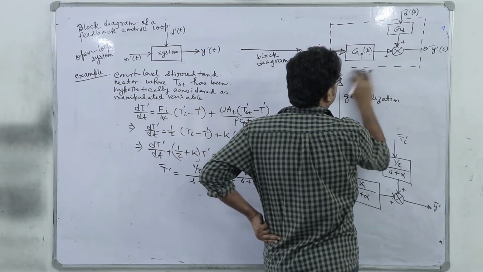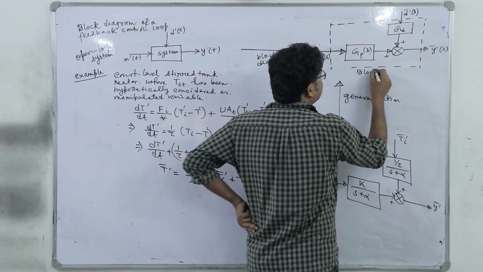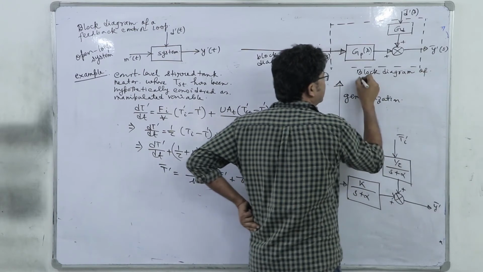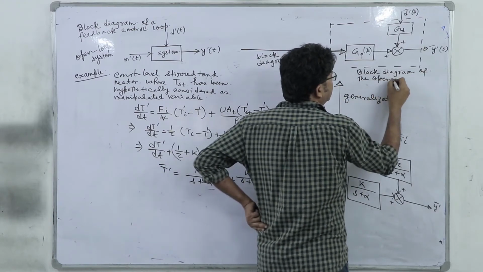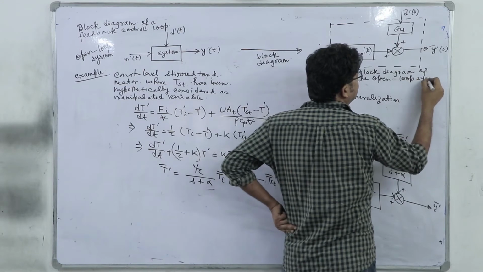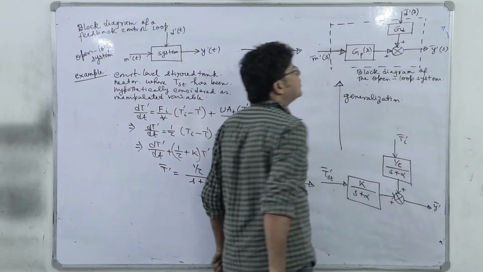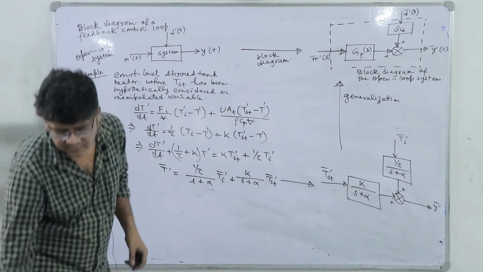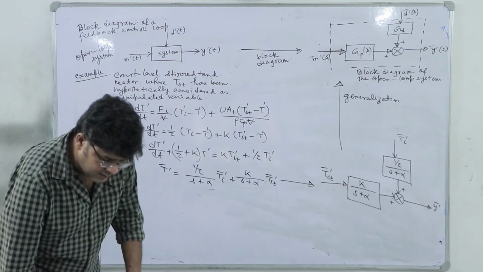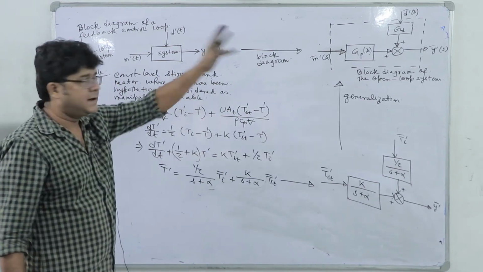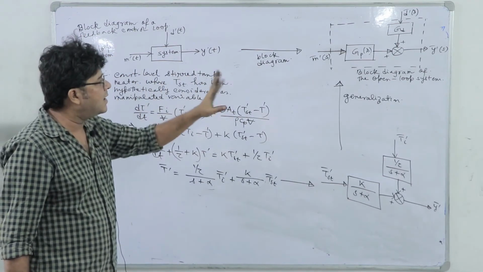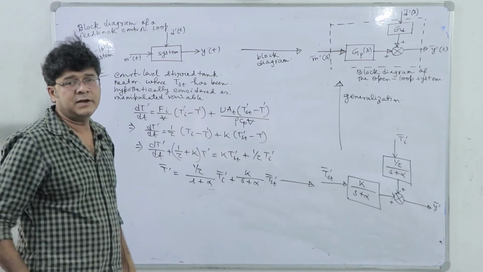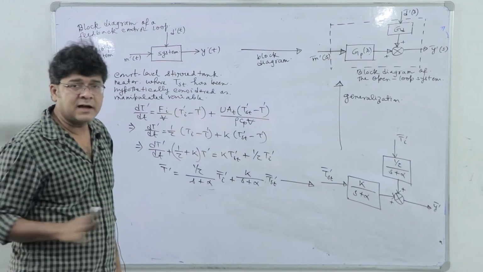So, this is the block diagram of the open loop system. The system has been formalized with only one manipulated variable and one disturbance, right. So, with that understanding of this open loop block diagram, let us pass on to the development and construction of the feedback loop block diagram.